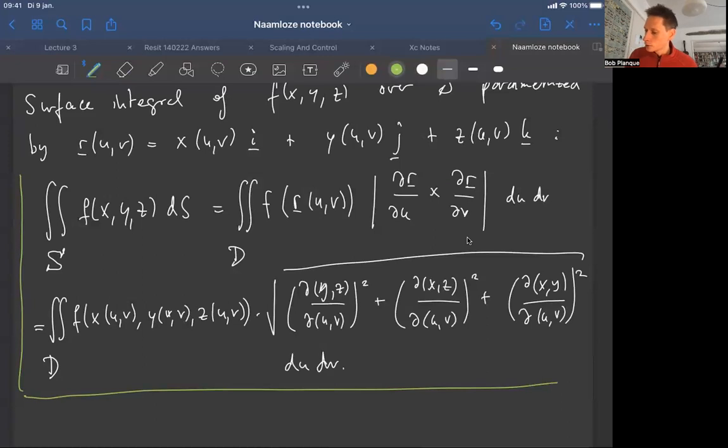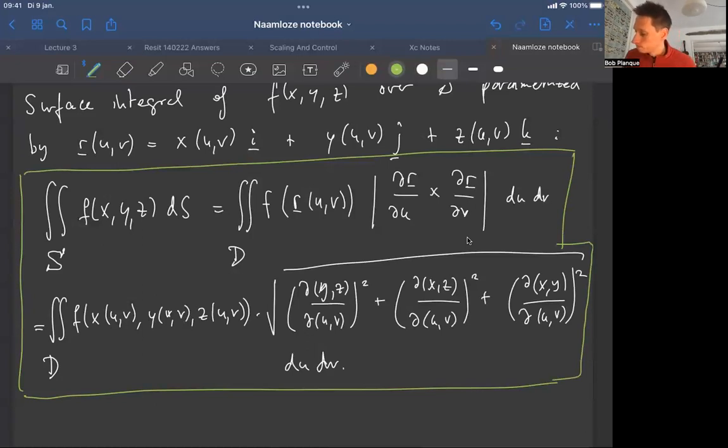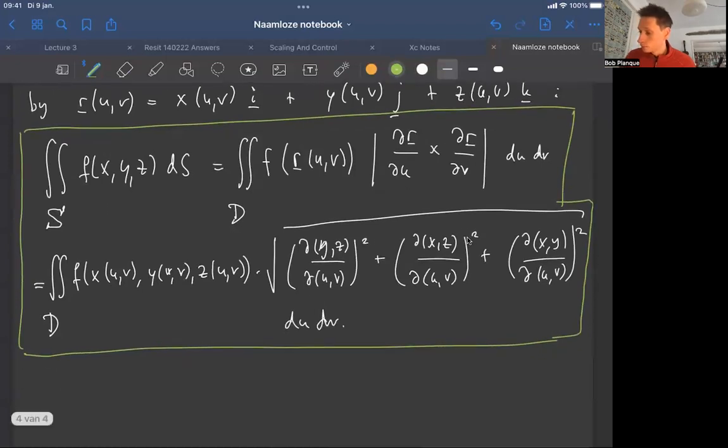So this very last integral is a standard double integral, hopefully computable for a certain domain D. And sometimes you'll have to rewrite that in terms of polar coordinates or cylindrical coordinates if the surface happens to be something to do with a cylinder, or spherical coordinates if your surface has to do with a sphere.